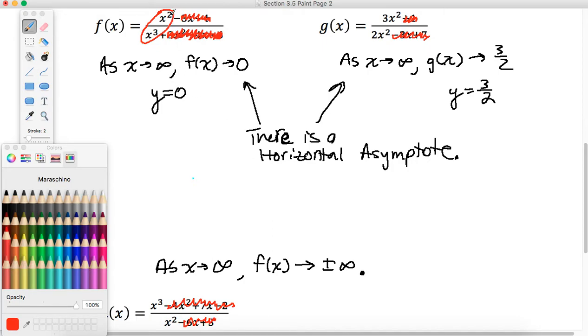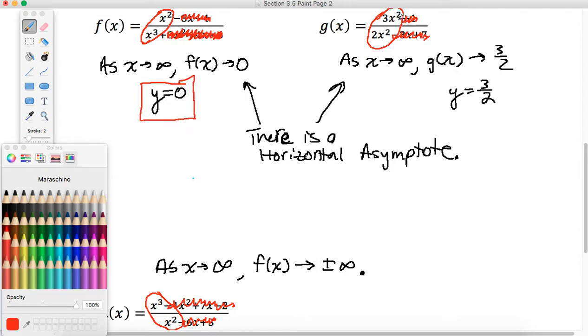So we're going to notice some things related to our outcomes. When the degree of the numerator was smaller than the degree of the denominator, the denominator increased a lot faster than the numerator. That means the line our function values approach is y equals 0.